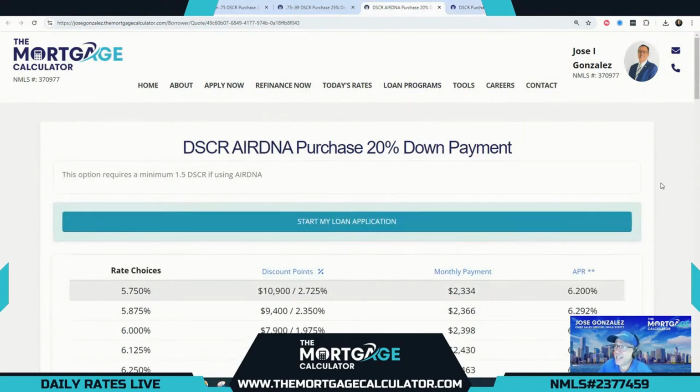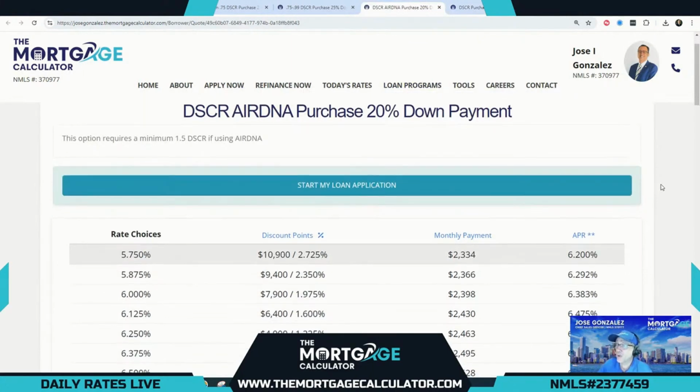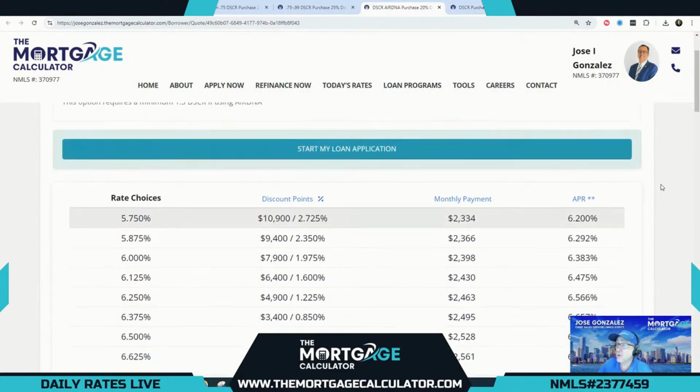Now, AirDNA for our short-term rental owners out there, or short-term rental property purchasers, when actually using short-term rental, right? So here we are at an 80% LTV.